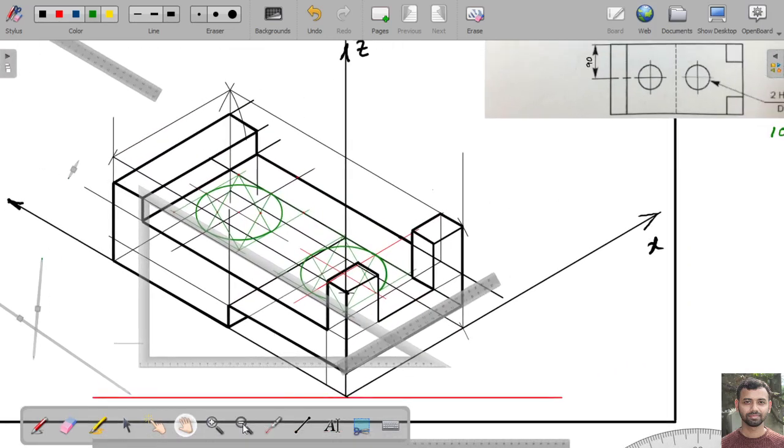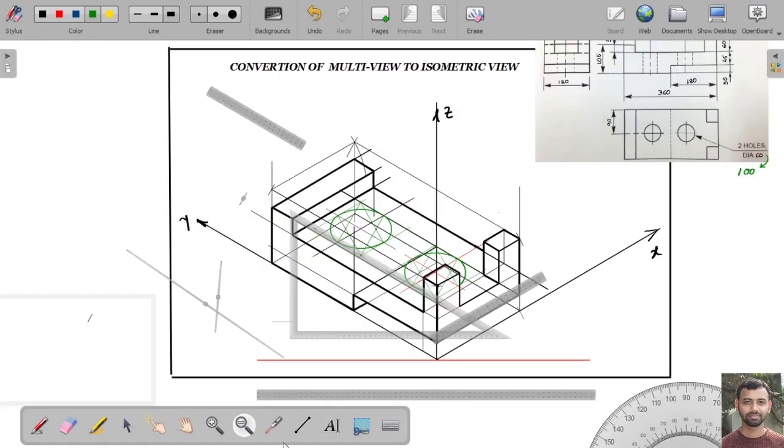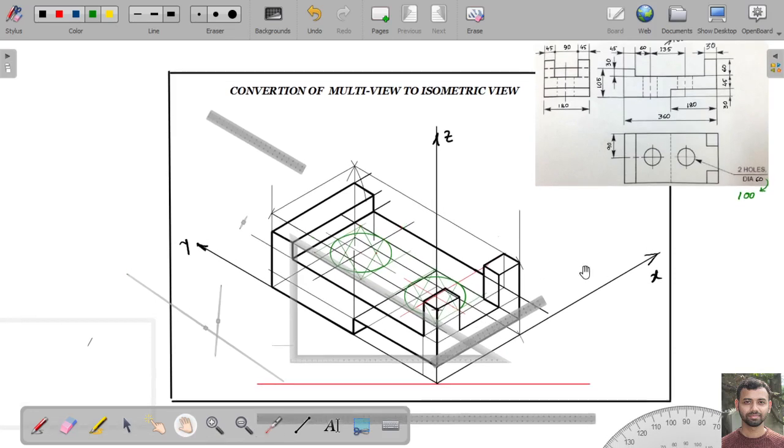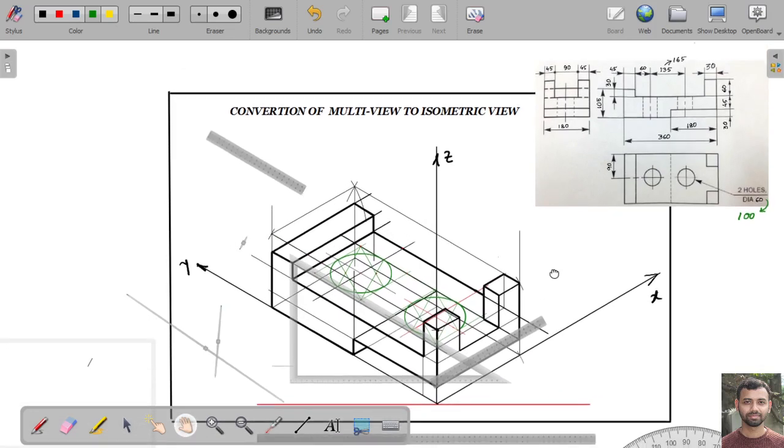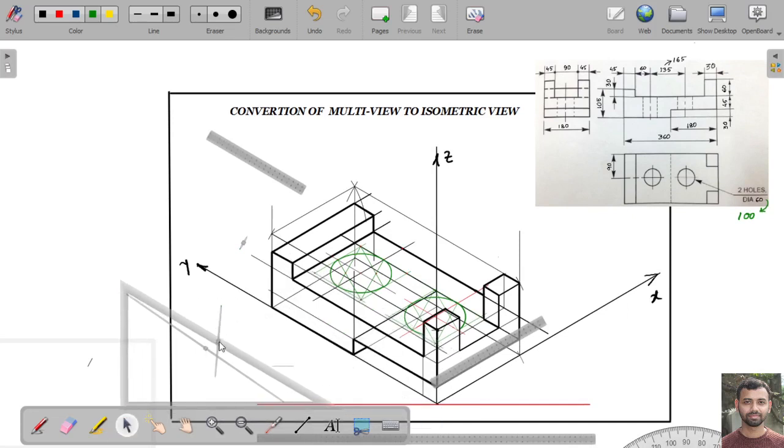Now look at the drawing. Look at this isometric view and the orthographic view. Look at the multi-view and the isometric view. Look at both these views.